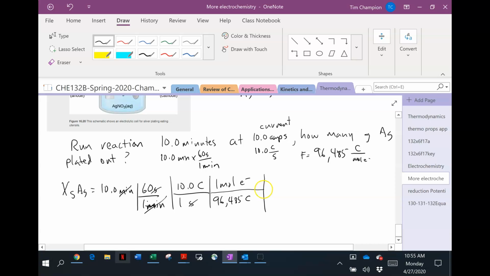And then from our reaction, we know that for every mole of electrons that flow, we get 1 mole of silver. And then if we go to the periodic table, we will see that if I have 1 mole of silver, I have 107.9 grams of silver.